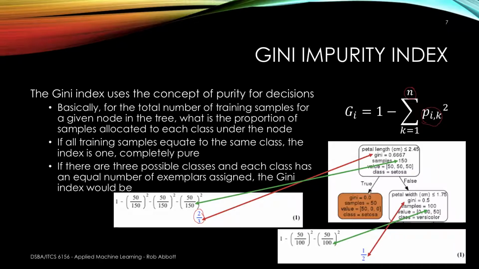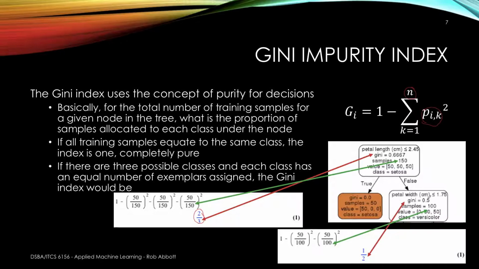So when I split that out and then evaluate it at the next node, the Gini impurity of my left-hand node is perfect. It's 0.0 because for 50 samples, I have all 50 values in a single class. So this would be 1 minus 50 over 50 squared, which is 1. So 1 minus 1 gives me a Gini impurity of 0.